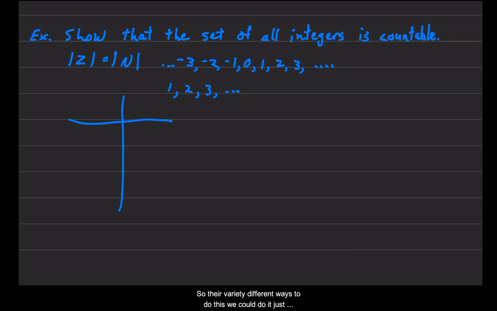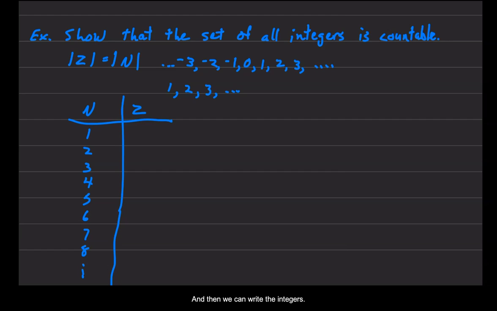We could do it just kind of setting it up as a table here, putting the natural numbers over on the left, put the integers over on the right, and list out our natural numbers. And then we can write the integers like this.